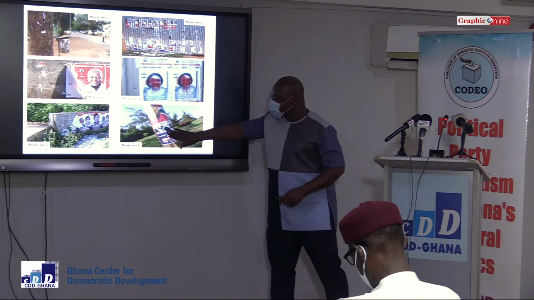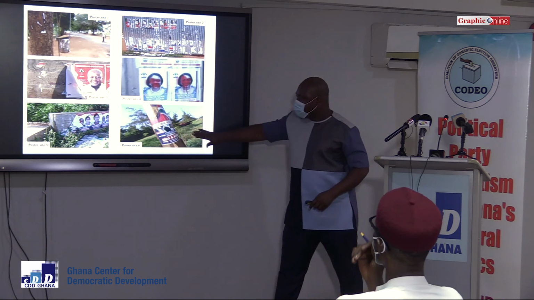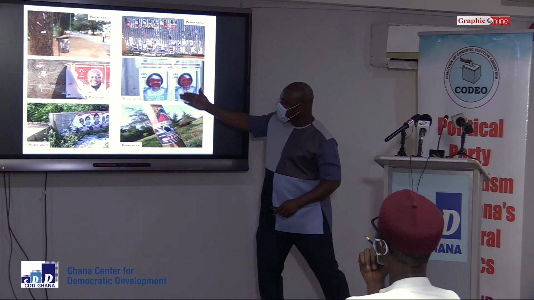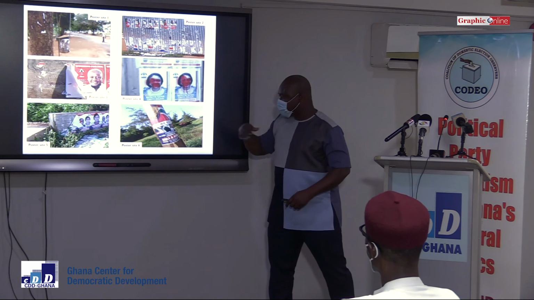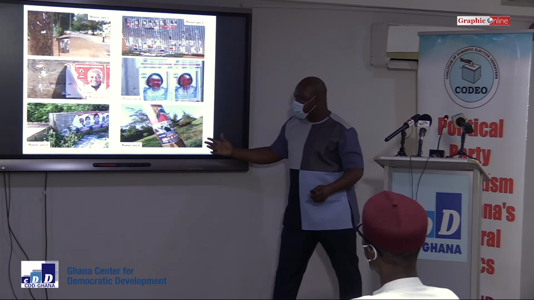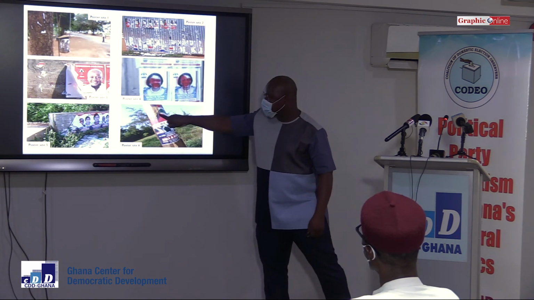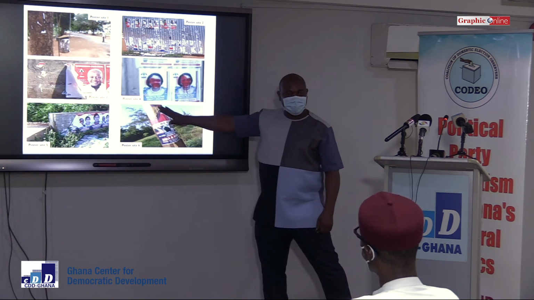This is interesting because here you have the MPP poster, and then the NDC poster had been placed to cover the picture of the candidate. So you are not seeing the full poster there, and as a result you are seeing also the NDC poster. The candidate's face is also painted, so you are not seeing anything.